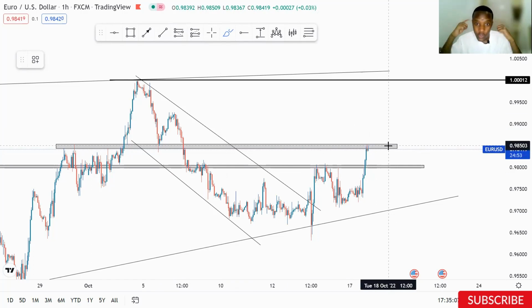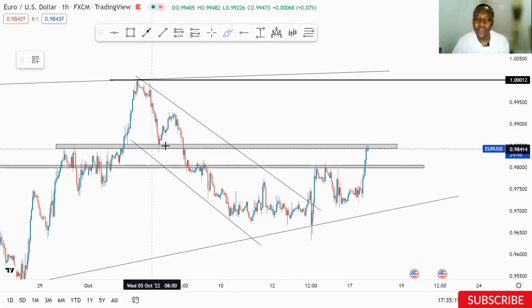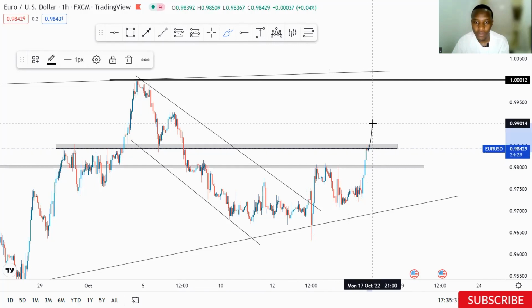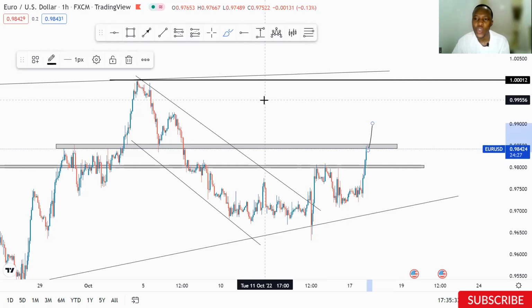So that's how you think in terms of opportunities in the midst of something that is unclear, right? Because the fact that you have that level, you are highlighting that resistance and this support. This is a support now because you're above. So the fact that you are highlighting the support and that resistance, you basically can use it to your advantage from this point of view, meaning that if it goes above, then it serves as an opportunity for you to buy this market.